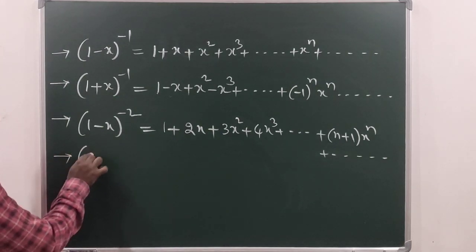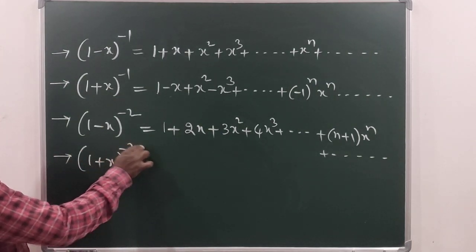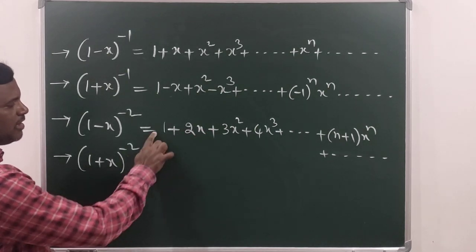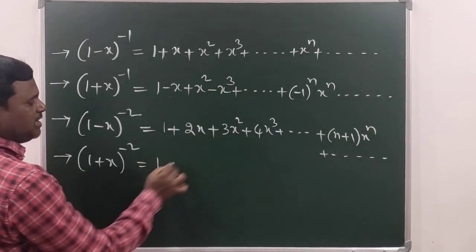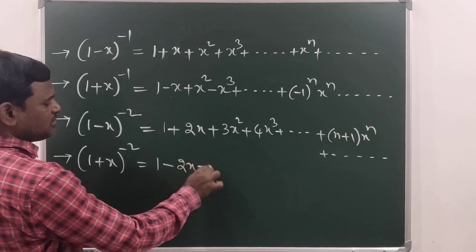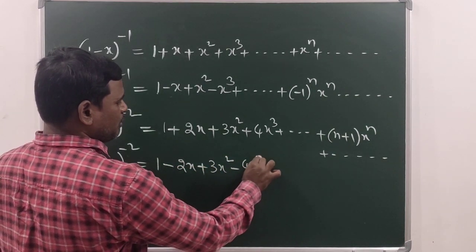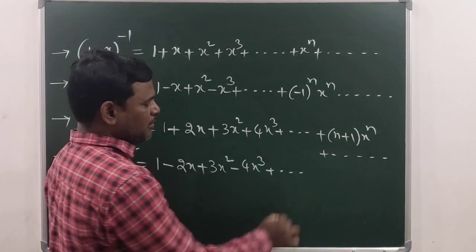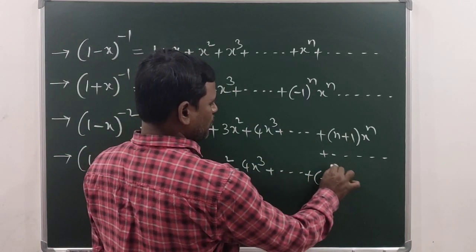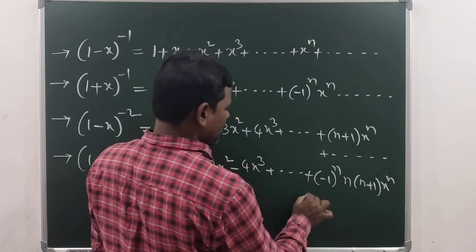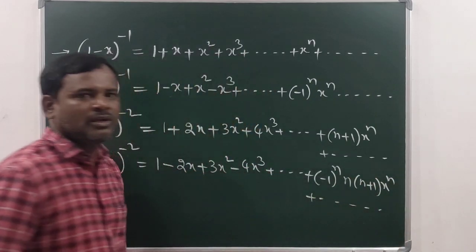Suppose here plus is there, with minus in the exponent. Whose expansion will be like this, alternating: 1 - 2x + 3x^2 - 4x^3 and so on, plus (-1)^n (n + 1) x^n and so on.